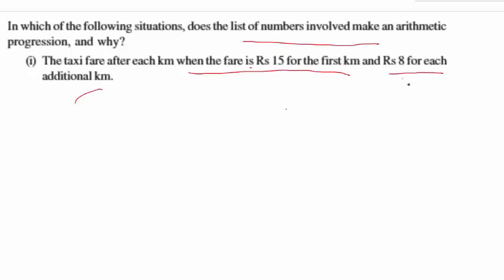Now my A1 is, for first kilometer the fare will be 15, and for each additional kilometer the cost will be ₹8. For second kilometer, that is A2, the cost will be A1 plus 8 for the extra 1 kilometer, this will become 23.